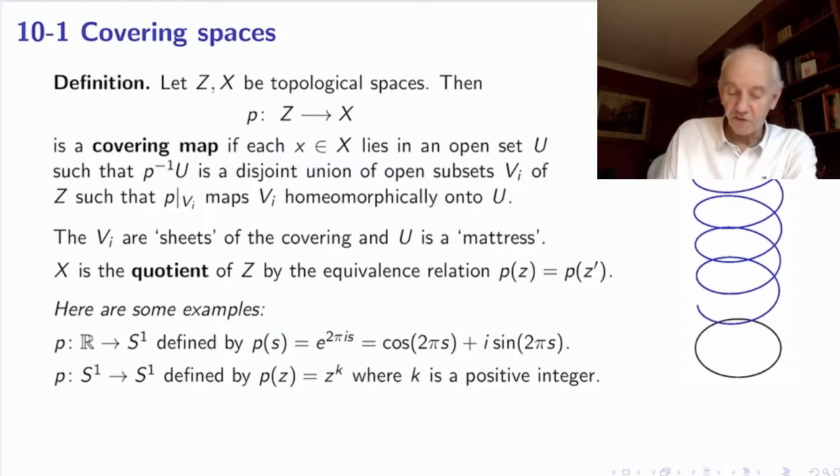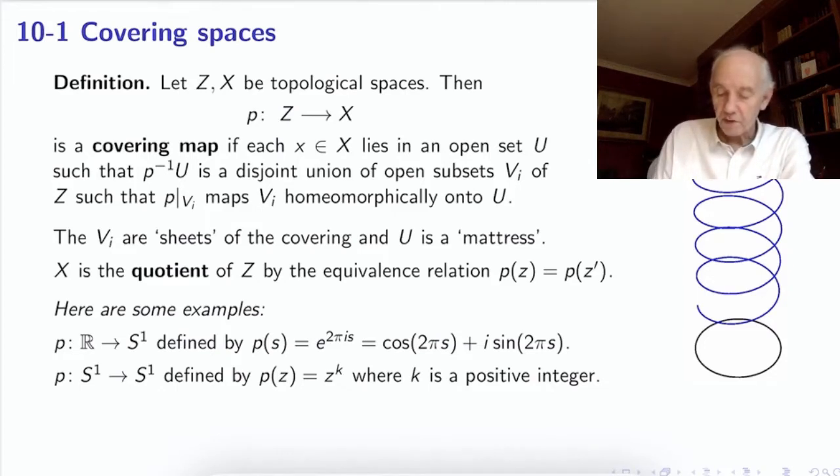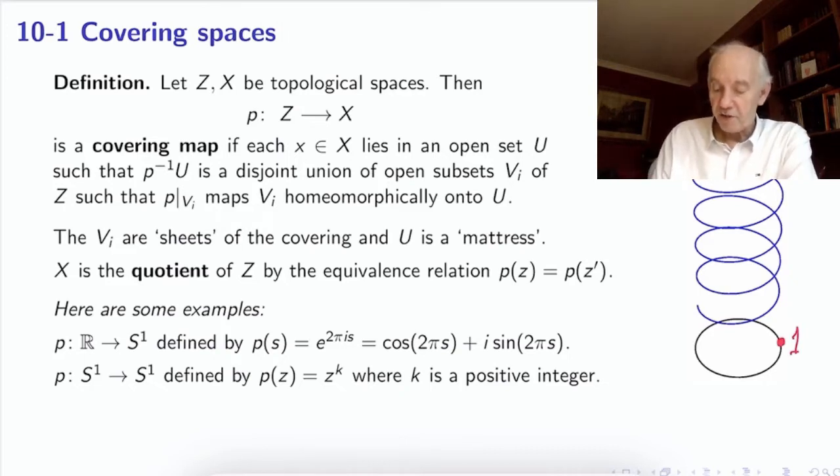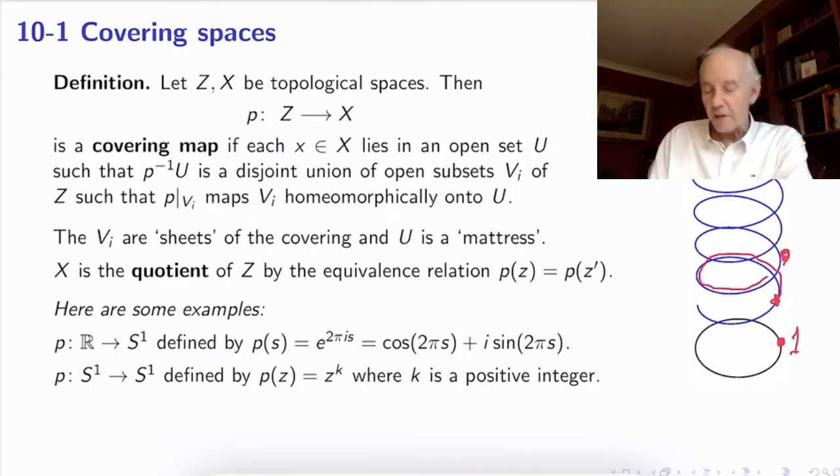If you think of this figure here on the right hand side, the idea is that you maybe later on will have a base point. This would be the point 1 if you think of complex numbers, the point 1 on the circle. If you want to map to that point, you start here and you have to go all the way around one loop of this helix to map to 1.